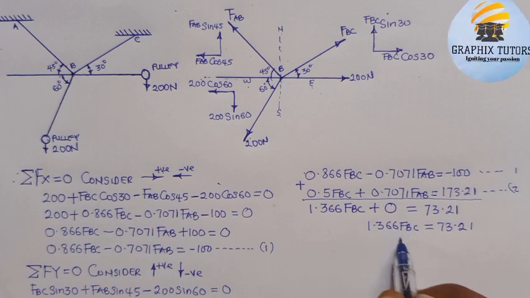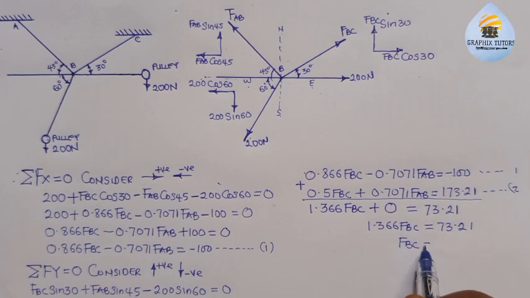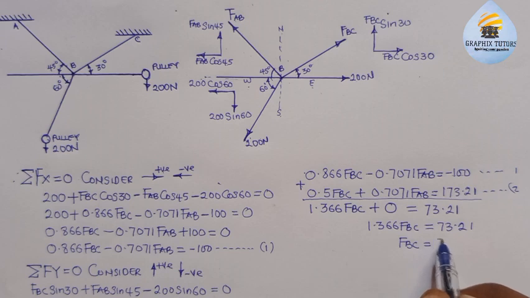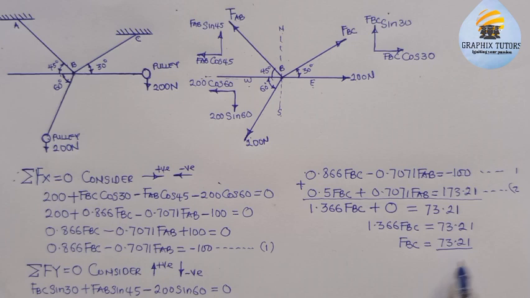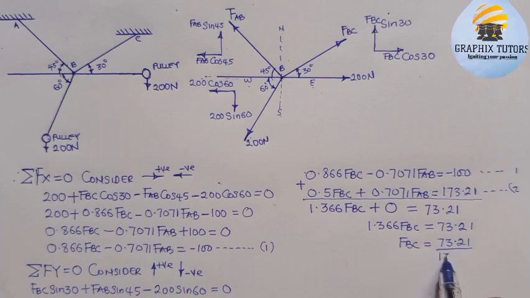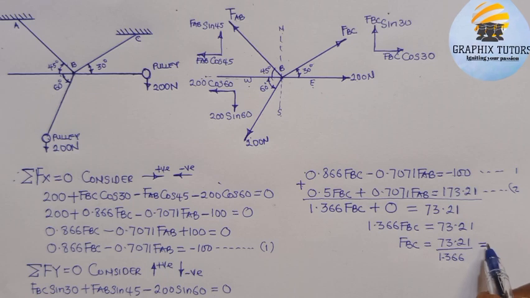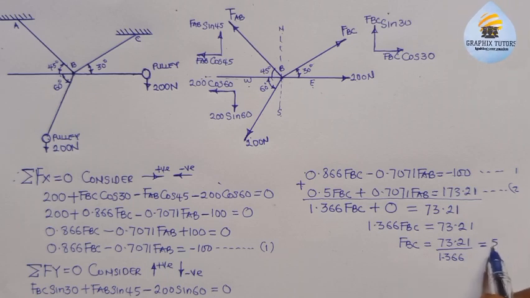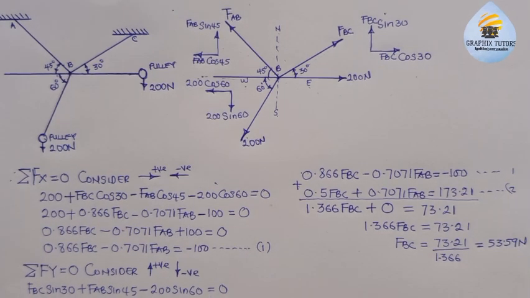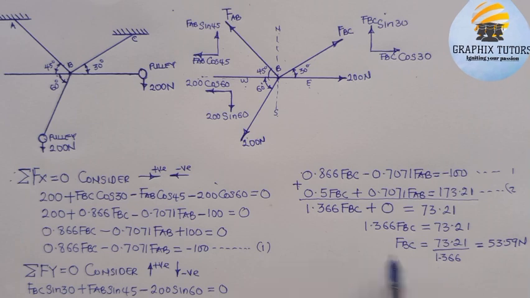I'll be having FBC equals to 73.21 divided by 1.366, right? So my answer will now give me 53.59 Newton. So that is what we are having as our FBC.